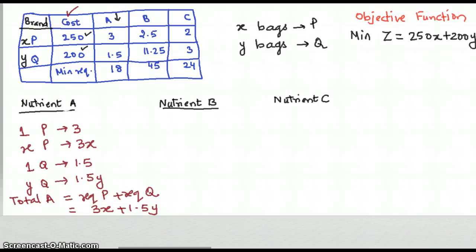The minimum requirement for nutrient A is 18. So minimum means it can be 18 or it can be more than 18, and we can combine it to write greater than or equal to.